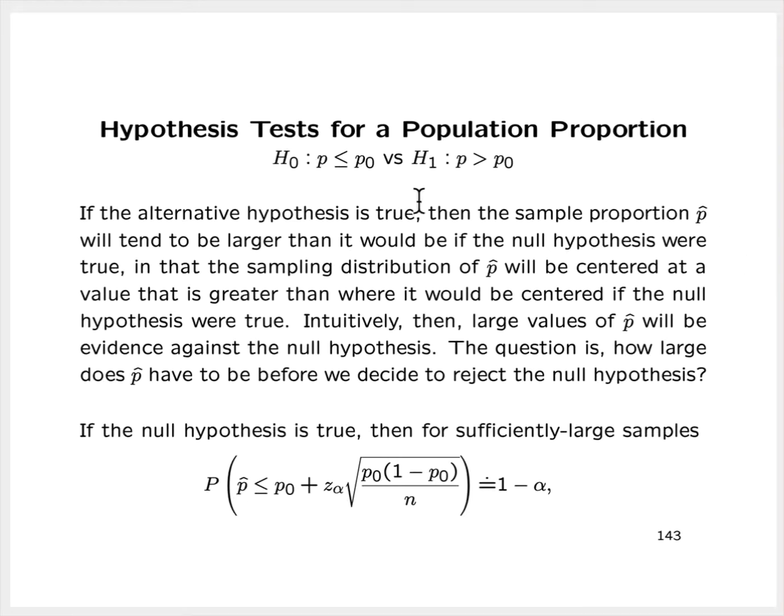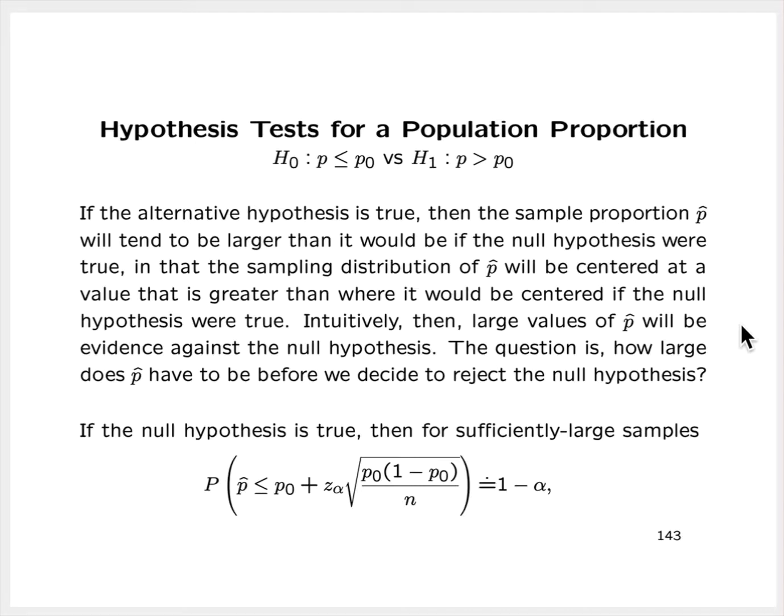And so if the alternative is true, if p is greater than the hypothesized value p naught, then the sample proportion would tend to be larger than it would be if the null hypothesis were true, in other words, if p is less than or equal to p naught. Again, this is because the sampling distribution of p hat is centered at p wherever p happens to be. And so intuitively, large values of p hat will be evidence against the null hypothesis.